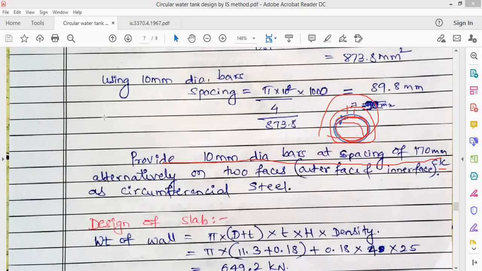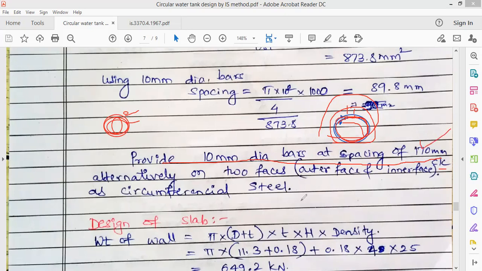Okay, I will show now correctly. So this bar will be inner face, and another bar will be provided at the outer face at a spacing of 85 mm. Again one more bar will be provided at the inner face with the same spacing. So from this outer bar to this outer bar, the distance will be 85 plus 85, that is 170 mm.